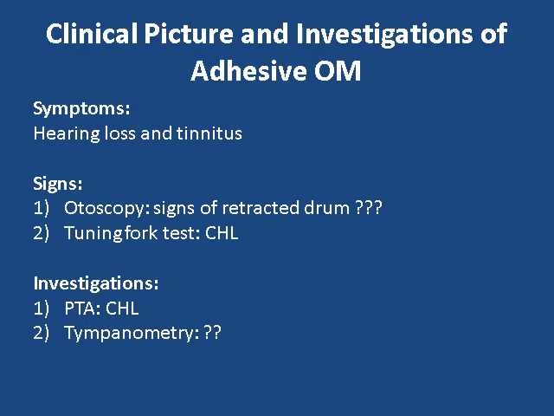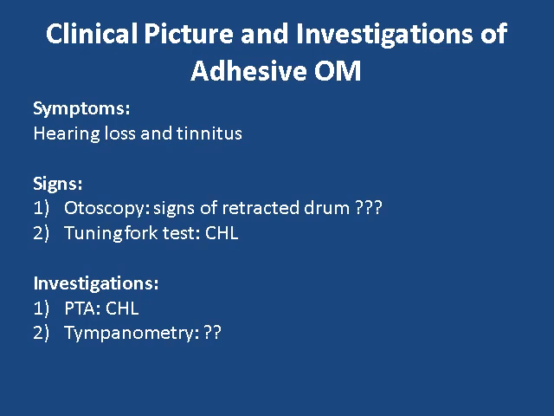Signs by otoscopy, you will find the signs of a retracted drum, and we mentioned the signs of retracted drum earlier. Shortened handle of malleus, prominent lateral process, exaggerated anterior and posterior malleolar folds, distorted cone of light, and finally the limited mobility of the tympanic membrane by sigillization.